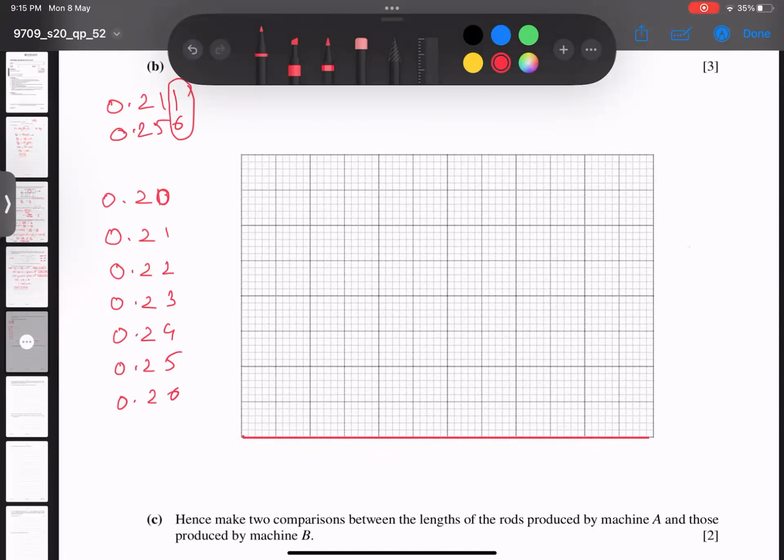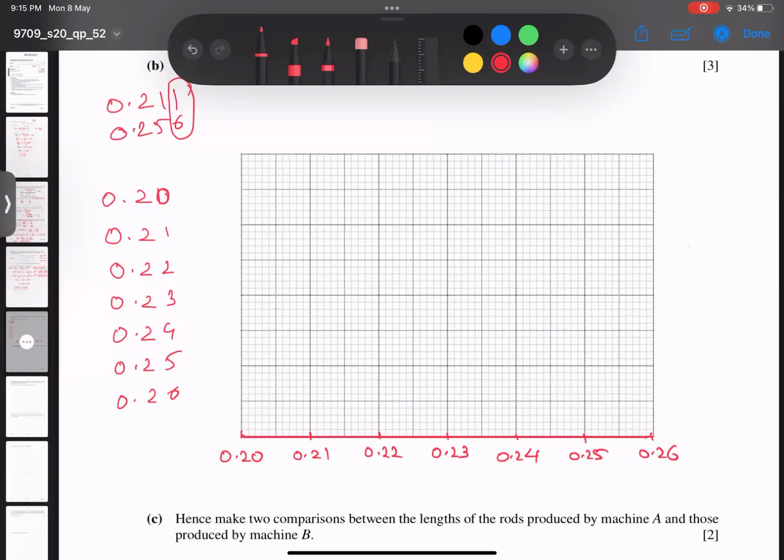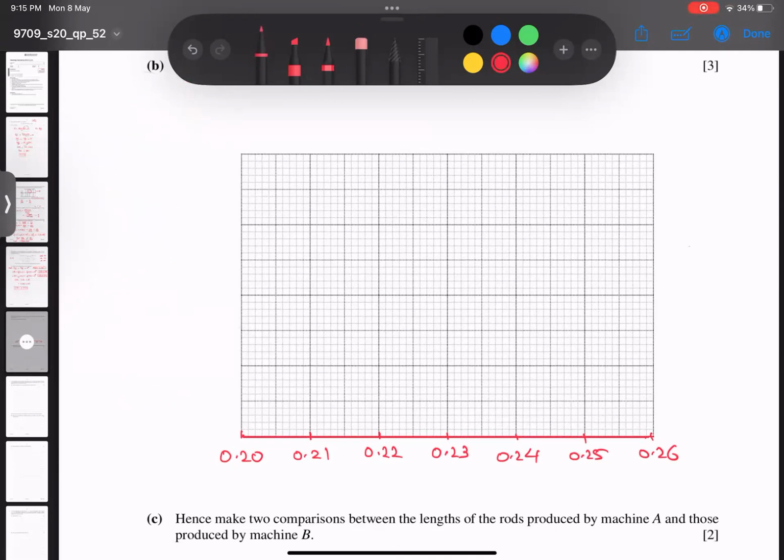So I label this number 0.20, this number 0.21, this number 0.22, this number 0.23, this number 0.24, this number 0.25, and this number 0.26. Okay, let's start, students. But before I start, because it is a scale diagram, I'll check it along the x-axis. What is the scale? And you know what, students?